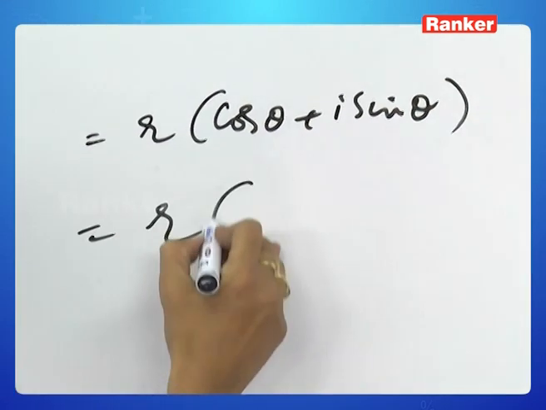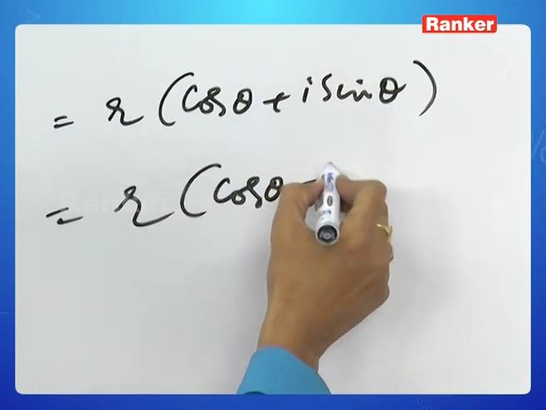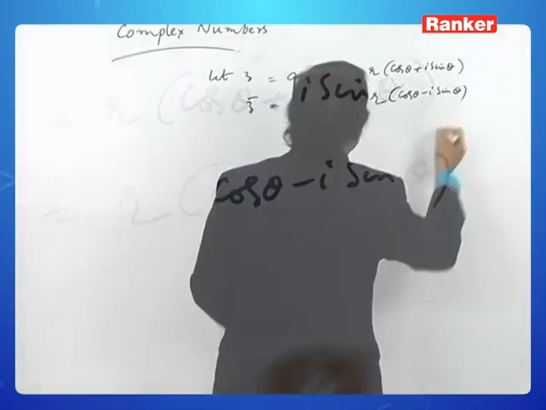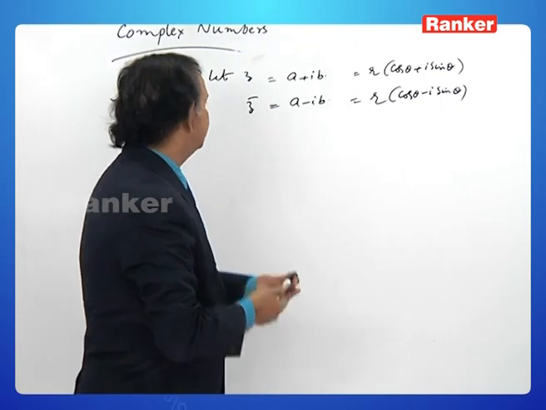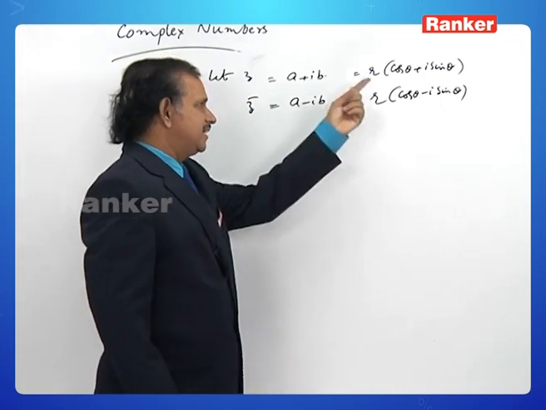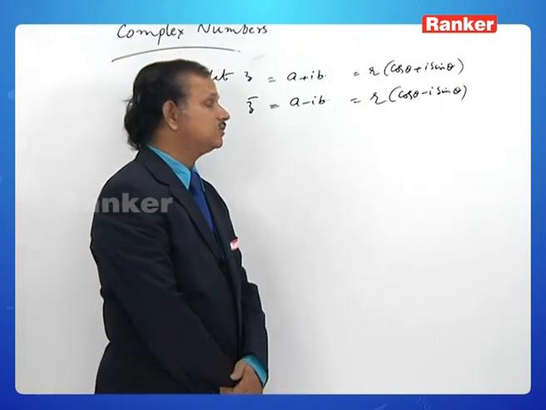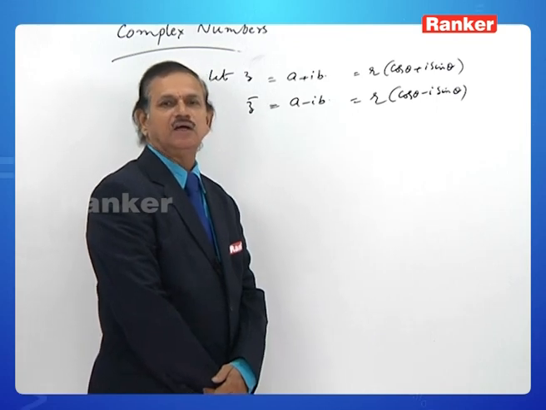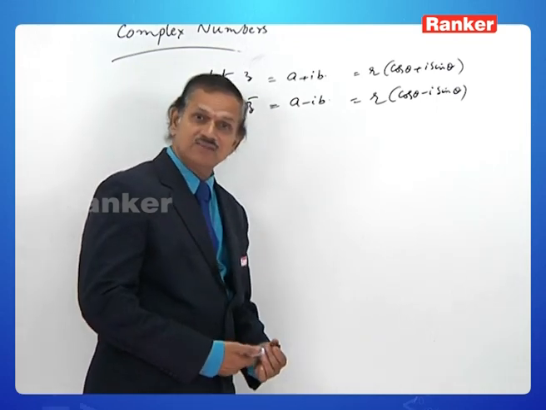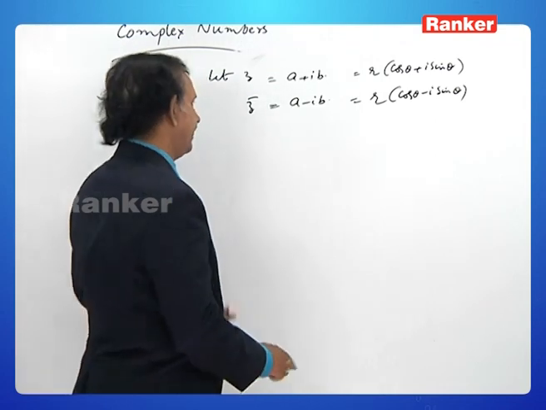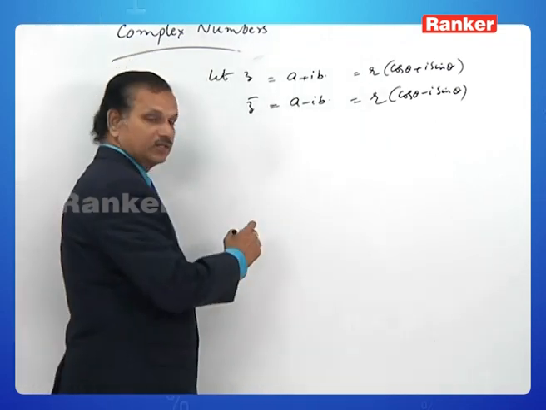Then z bar is r into cos theta minus I sin theta. What can you observe here? If amplitude of z is theta, amplitude of z bar is minus theta. Isn't it? Right.